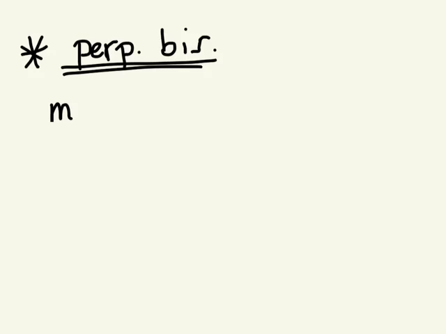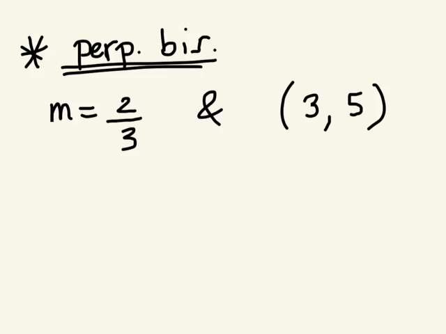We know that it has to have a slope of +2/3 because it's a negative reciprocal of AB. And is there anything else you know about the perpendicular bisector? Is there any other information we found about it? We know that it passes through the point 3, 5. This is a point that lies on the perpendicular bisector, correct?